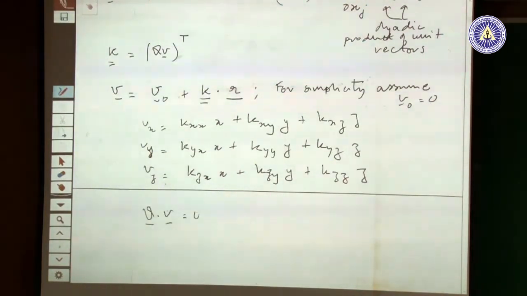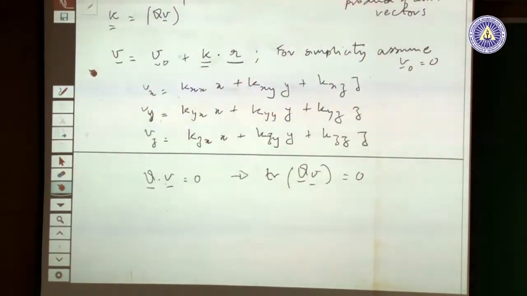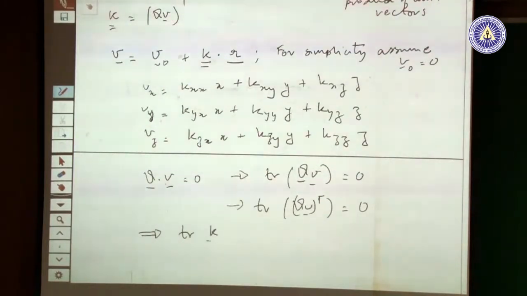Del dot V is 0, which could be written as trace grad V is 0, equivalently the trace of grad V transpose will be 0, which implies that trace kappa is 0, which means kappa xx plus kappa yy plus kappa zz is 0.